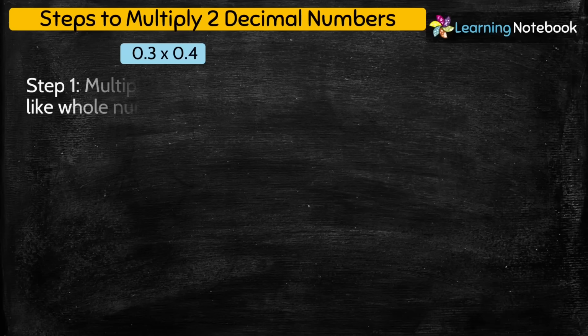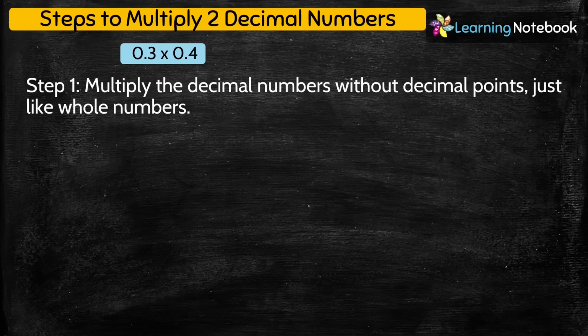So step 1 is multiply the decimal numbers without decimal points, just like we multiply the whole numbers. So 0.3 and 0.4 will be multiplied as whole numbers. That is 3 into 4 equals to 12.